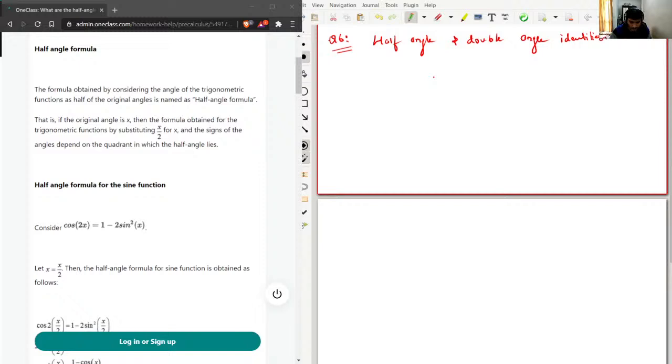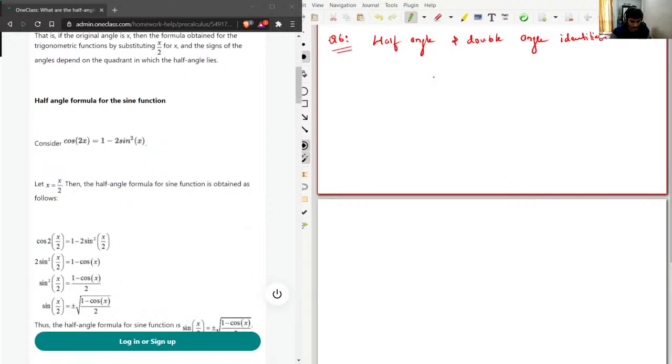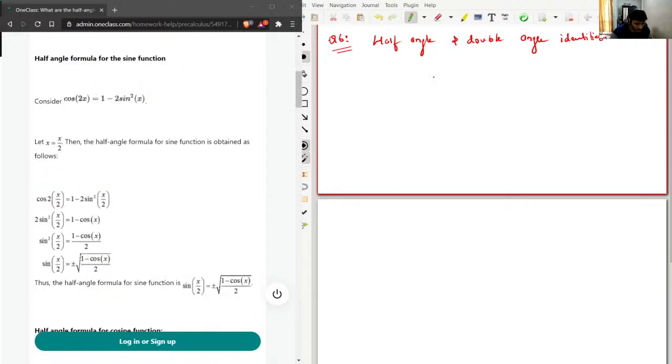Depending on the quadrant in which the half angle lies, consider cos 2x equal to 1 minus 2 sine square x. Let x equal to x over 2. Then the half angle formula for sine function is obtained as they have just manipulated.